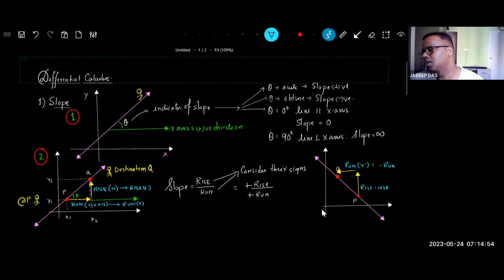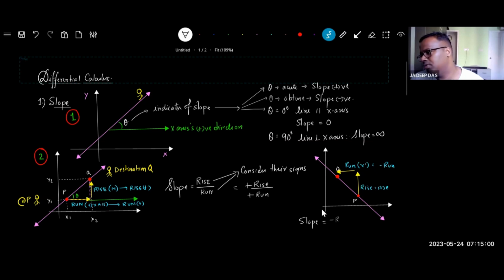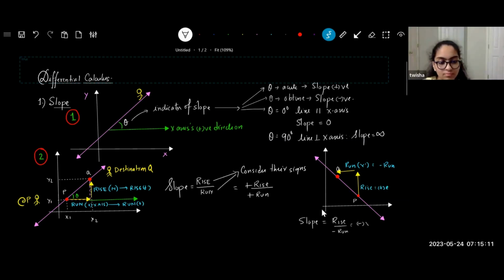I will conclude that your slope is rise over a negative run, which means it is ultimately negative.